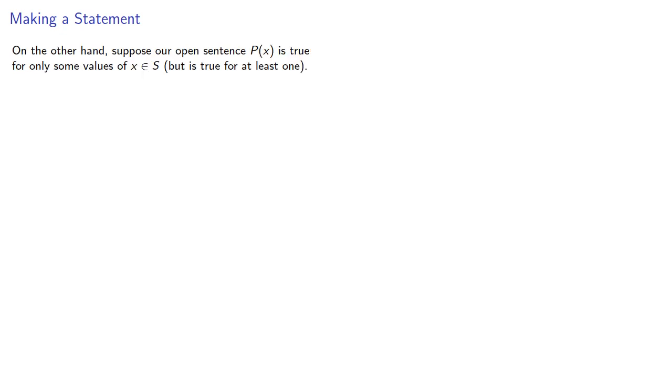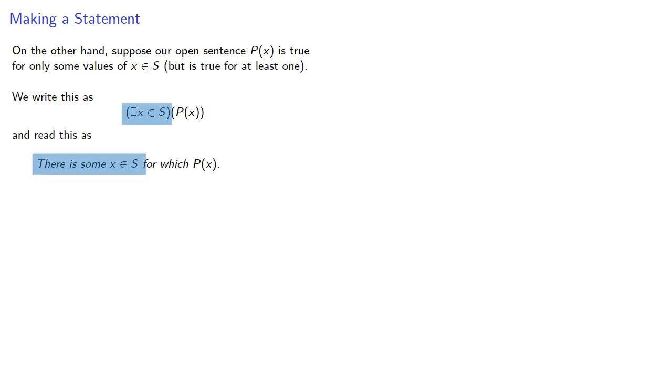On the other hand, suppose our open sentence is true for only some values of x in our set, but is true for at least one. We'll write this way, where this inverted E is going to be read as there is some x in our set for which p of x. And we call this our existential quantifier.